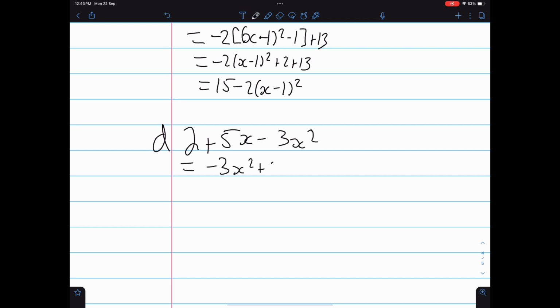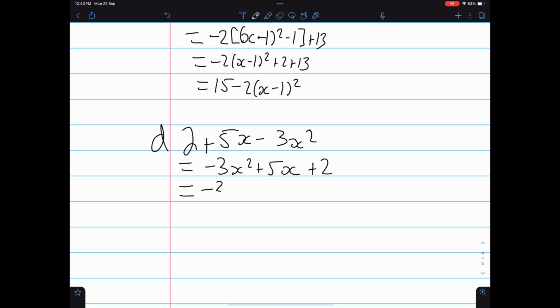Again, I sound like a broken record. Rearrange it to make it the x squared, then the x, then the constant. Divide by the lead coefficient. You don't divide the constant by the lead coefficient though, you leave that out.